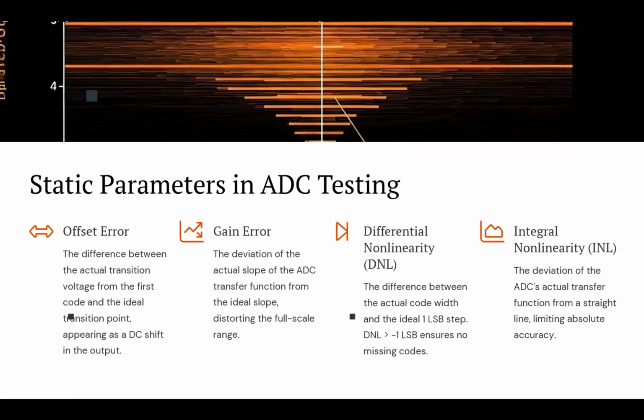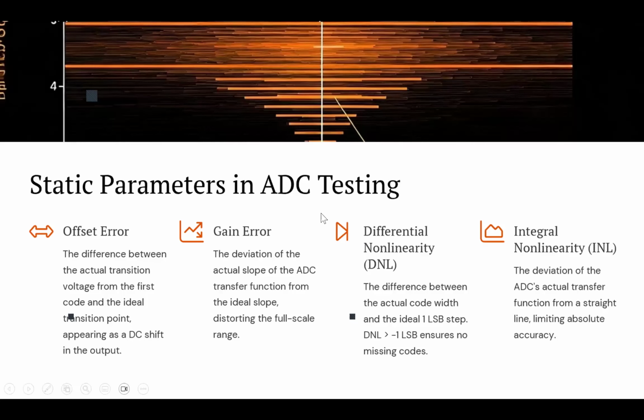Static testing shows how accurately the converter responds to a slowly changing input. Basically, this is essential for understanding the transfer function of the ADC, how it transfers the analog signal and codes it to digital codes.